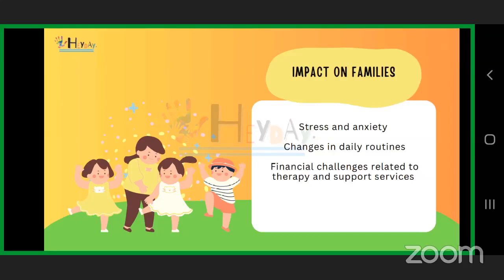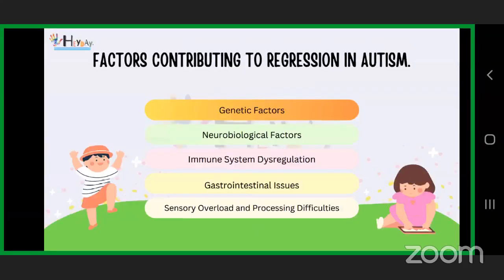But by the time they go for medical checkups and visit specialists, they might be able to find a solution, or know the cause of his regression, the reason why it occurs. It might be, like I stated, the factors contributing to regression.